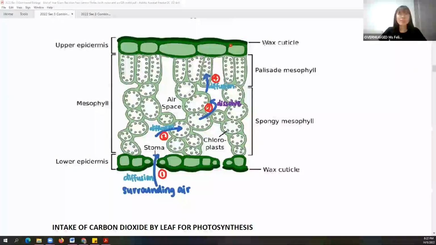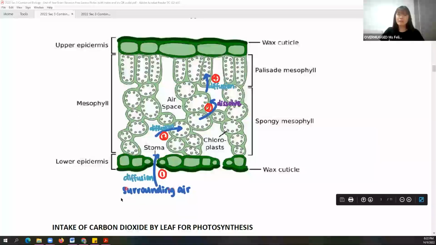Take note that the waxy cuticle and the upper epidermis are a transparent layer that doesn't have chloroplast. The palisade mesophyll is the main site of photosynthesis, because that is the layer that has the most chloroplast.